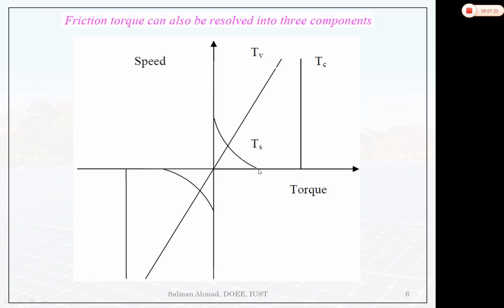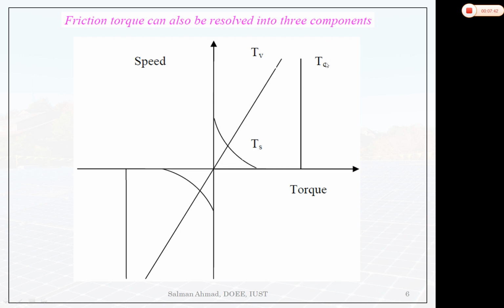Static friction is normally present at zero speed or at very low speed. You can see here that at speed 0, the value of this torque is maximum. As the speed goes up, this torque value decreases, and at this speed the torque value becomes 0.